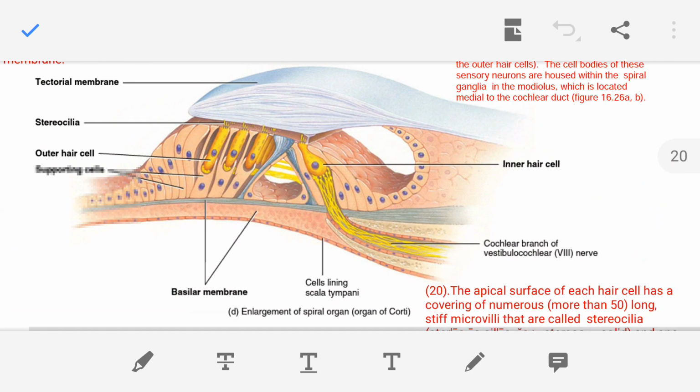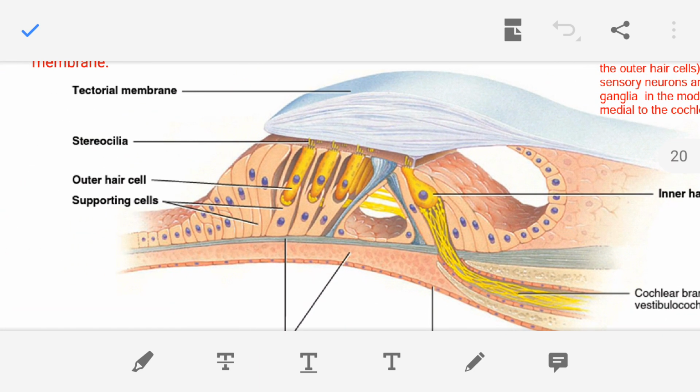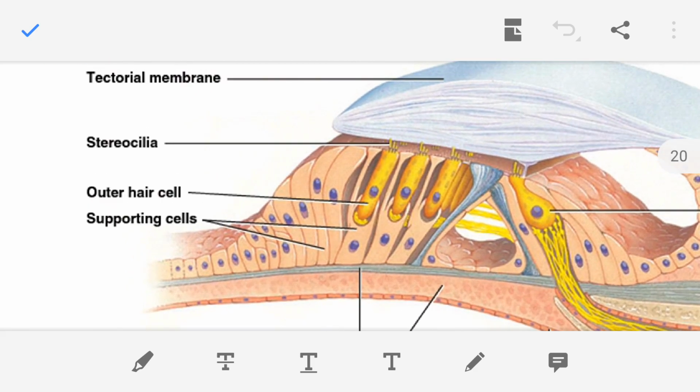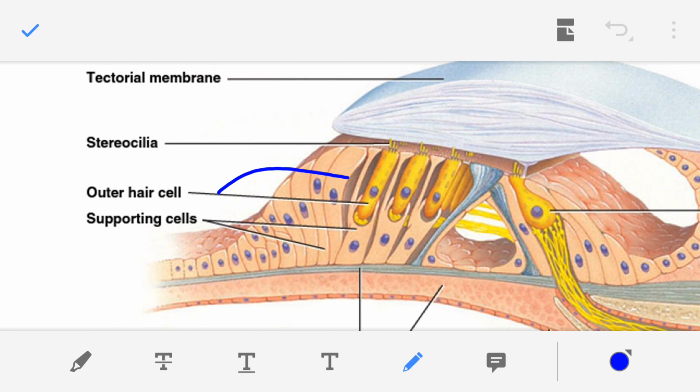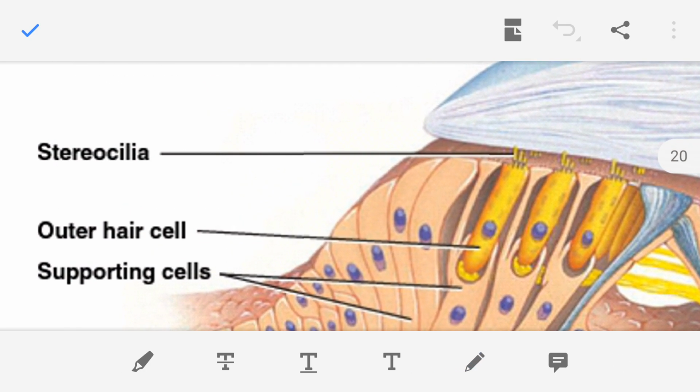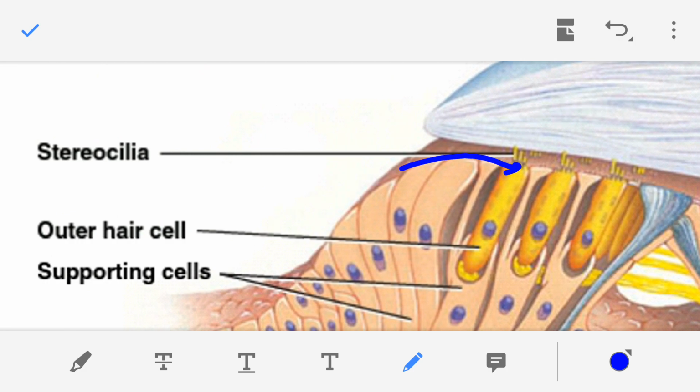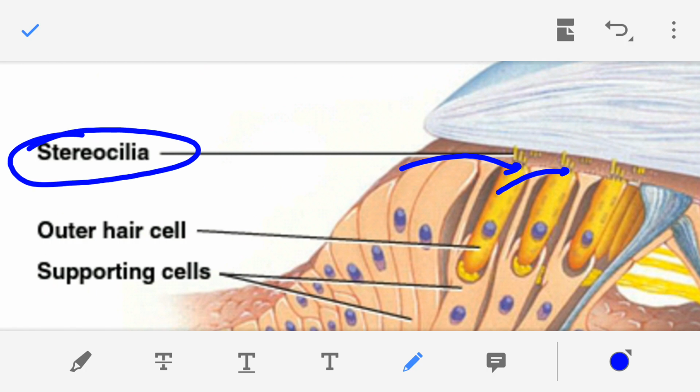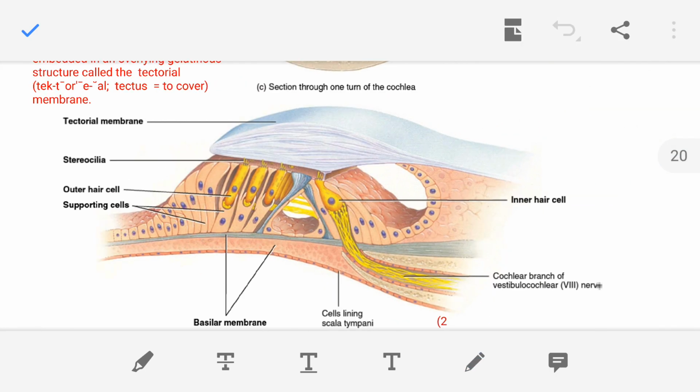So in this figure, as you can see, these are the outer hair cells they are showing, and these are the microvilli on the top. Okay, so these microvilli are known as stereocilia.